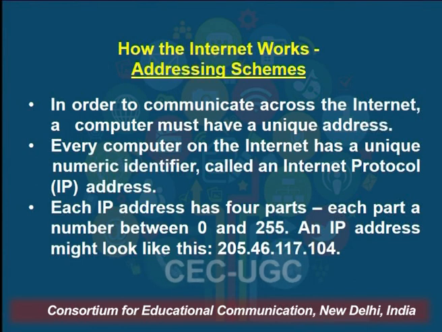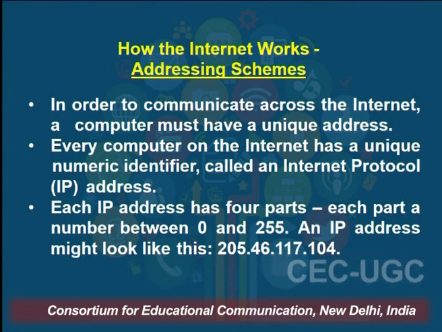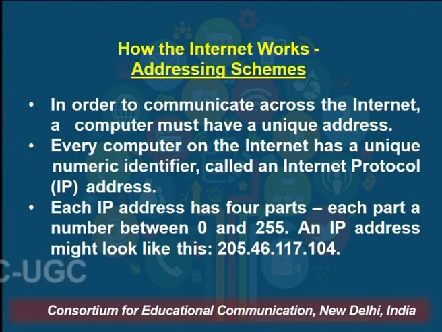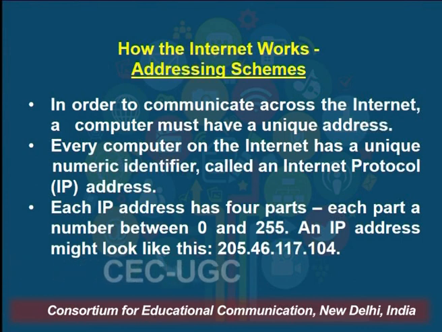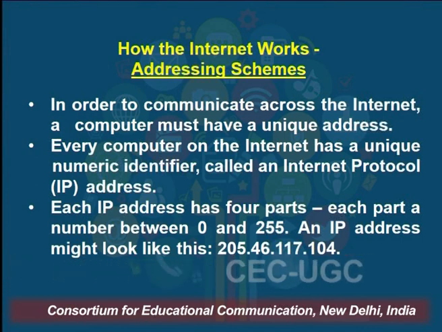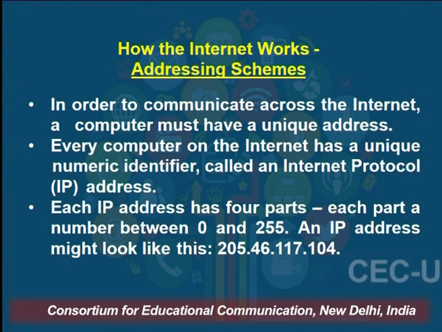This unique identifier, which is actually a numeric identifier, is known as an IP address, or internet protocol address. This internet protocol address is known as a tetrad because it has got 4 parts.